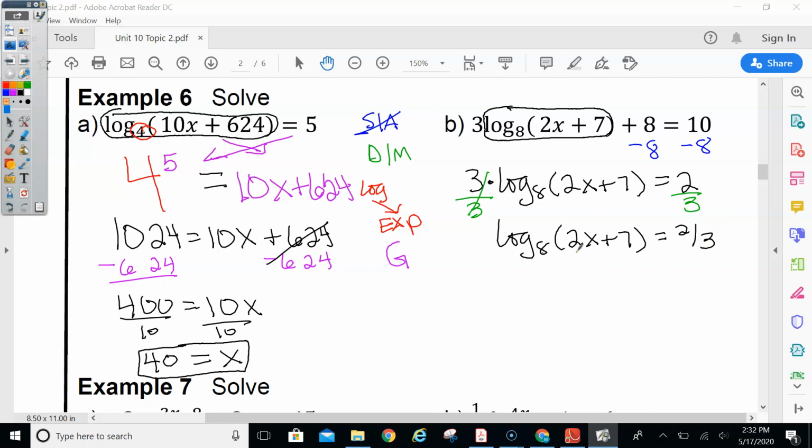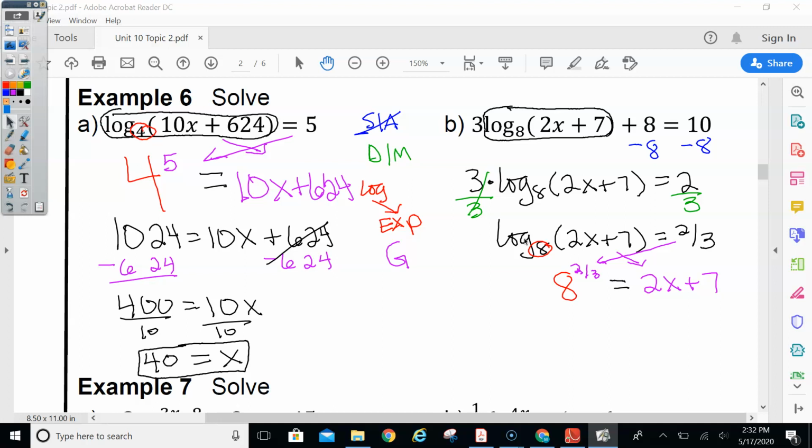So now that the log and the argument are isolated, now I can convert it to exponential form. So my base is 8, and then my argument and my exponent switch. So the exponent is 2/3, and the argument is 2x plus 7.